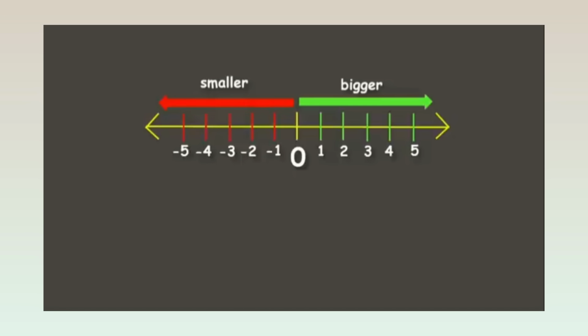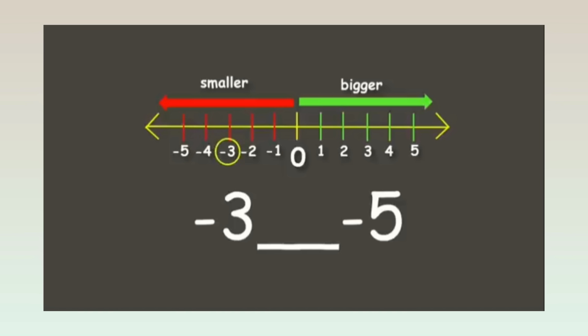So now we observe that all the smaller numbers are on the left, all the bigger numbers are on the right. Now let's compare the two negative numbers. Can you see which one will lie on your right hand side, either -3 or -5? We can say that -3 is greater than -5.